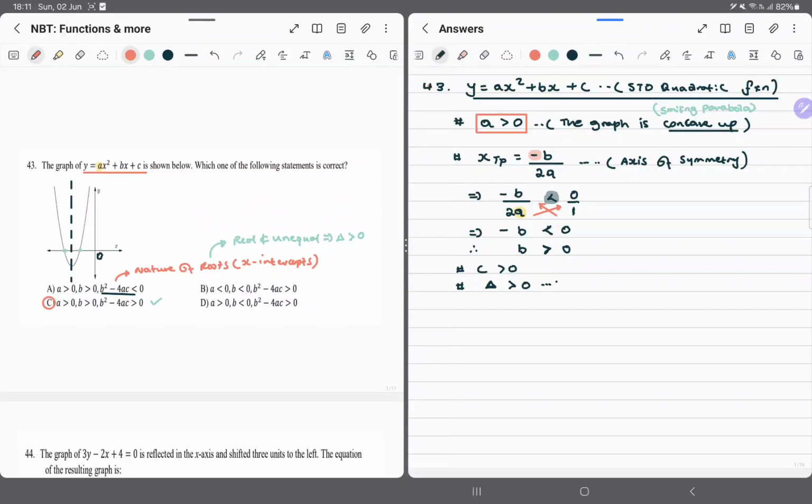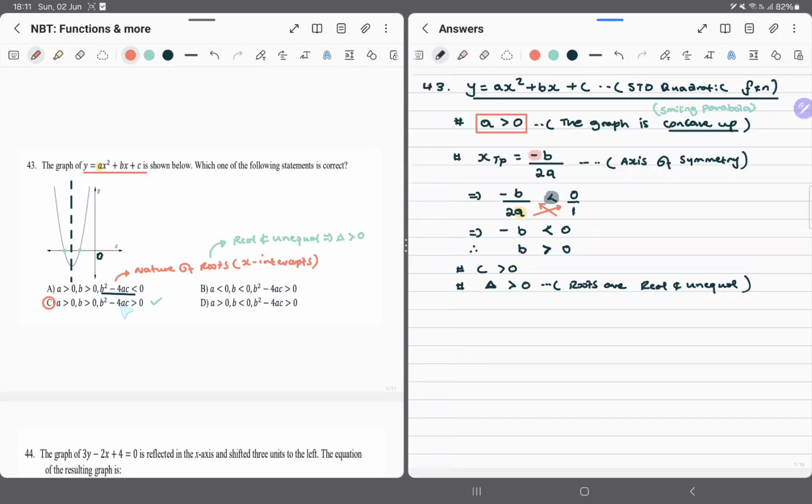How do we know? Because the roots are real. The reason we know they are real is because they exist and are unequal. And we know for unequal roots, it means the discriminant must be greater than 0.